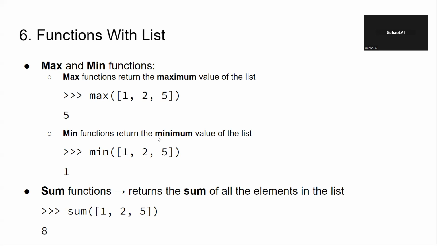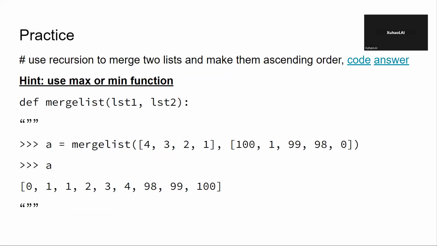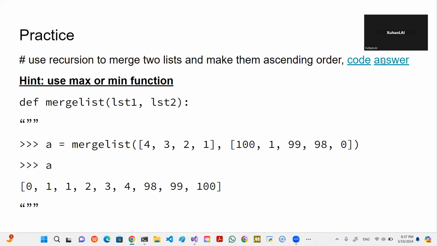Okay, so we can do an example here, do a practice. Use recursion to merge two lists and make them ascending order. So I use the maximum or minimum function and use recursion. I will define merge list, this one, this two. I have an example. Suppose A is the result of this.